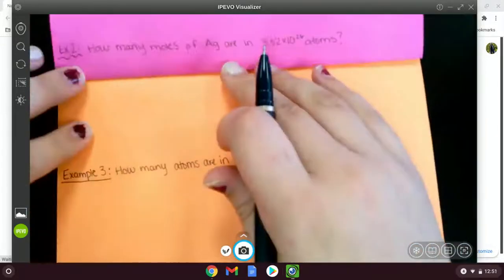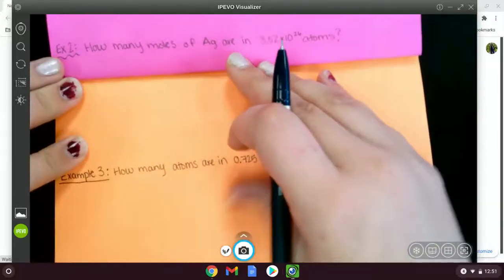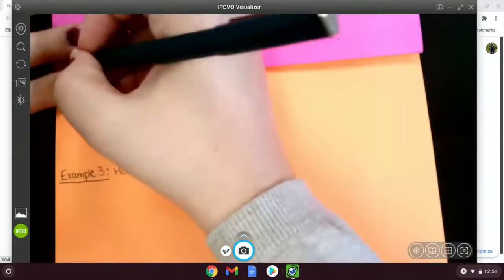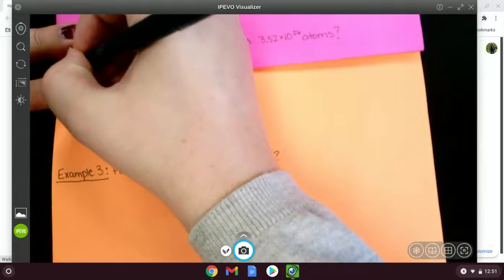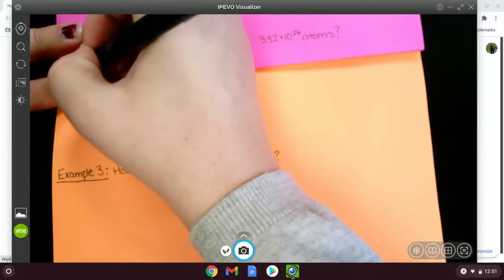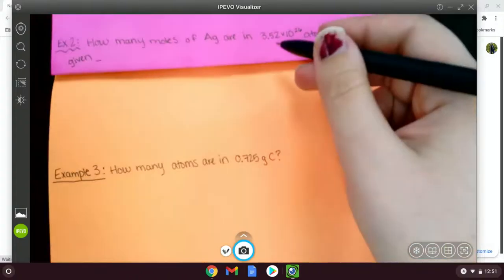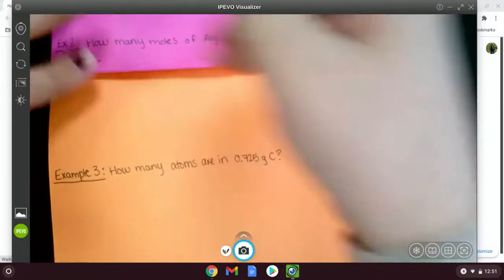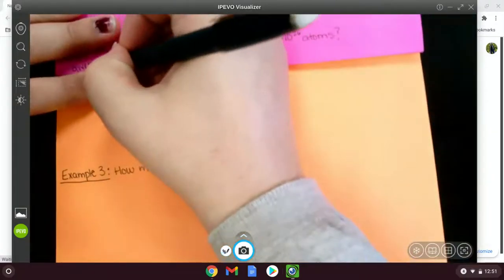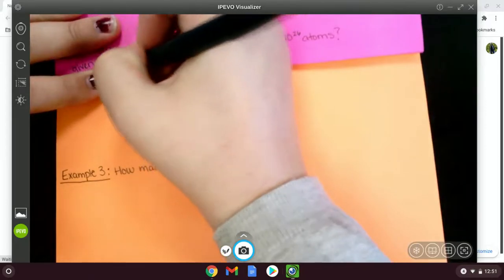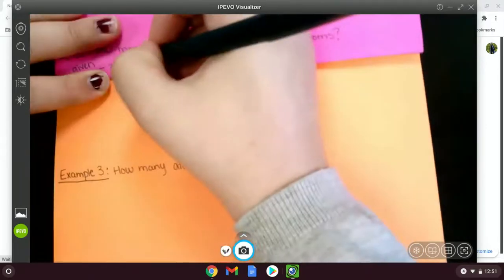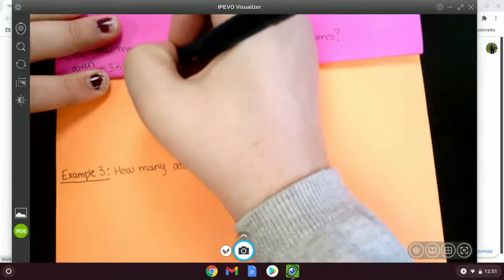We are going to start with our given, which is a number. So our given is 3.52 times 10 to the 26, and the unit on that is atoms of Ag.